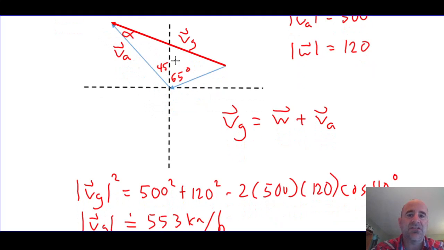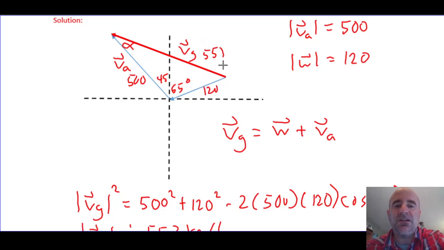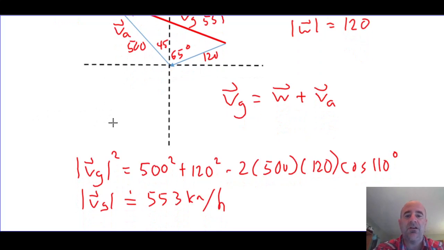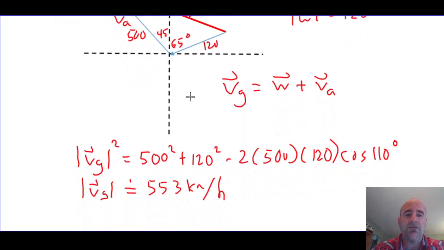This is just a matter of using the sine law. We've got 500 here, the 553 we just figured out here, and the 120 from the wind speed. We've got more than enough to use the sine law. I can even use the cosine law to find alpha if you want.